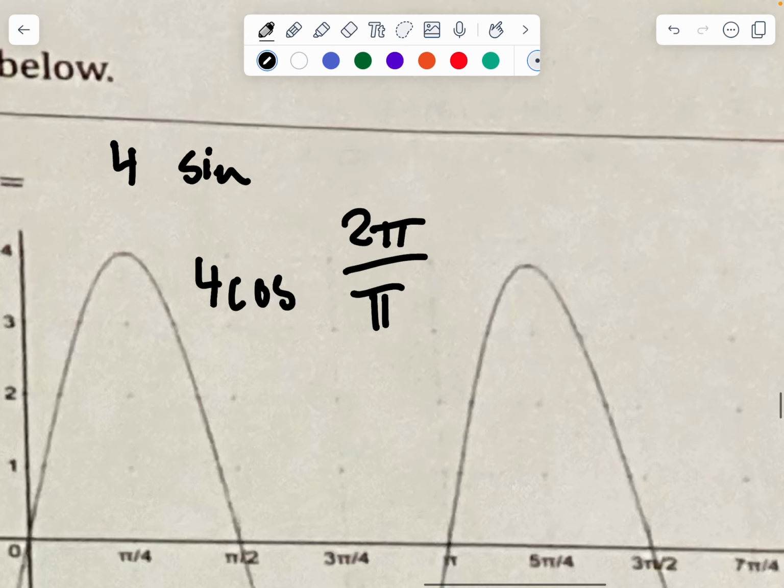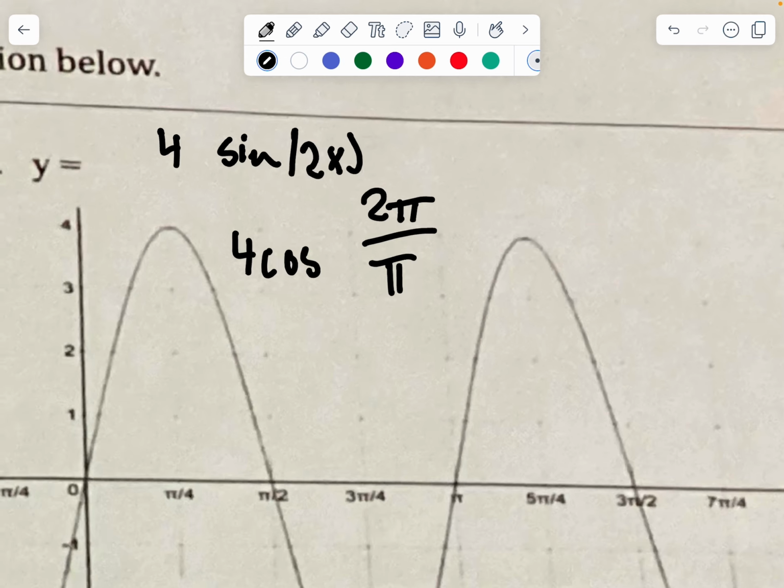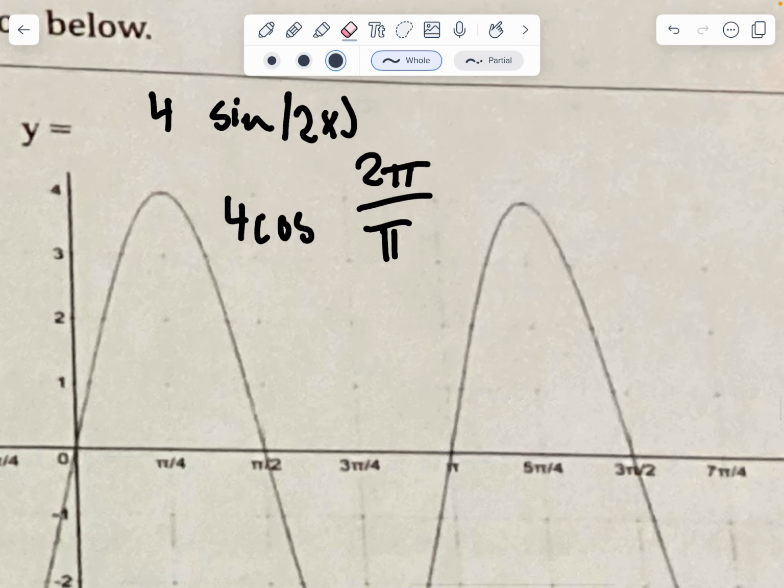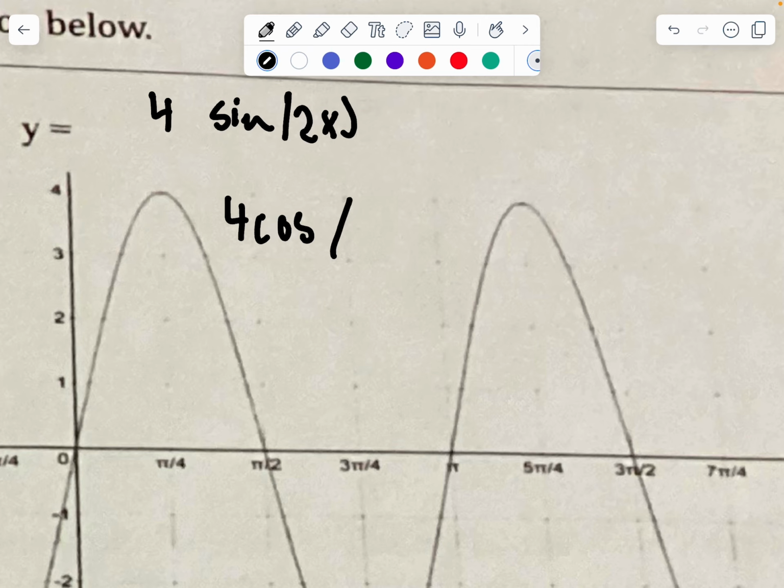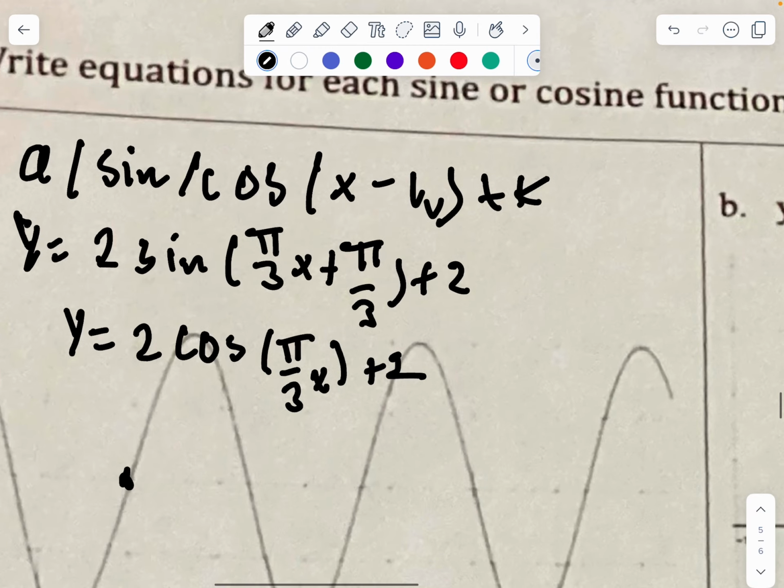So it's just 2. 2x. So I'll redo the first one. 4 cos 2x. And then I'd shift it over pi over 4. So I'm going to write minus pi over 4. And redo these b values real quick.